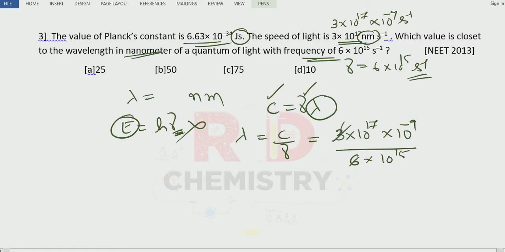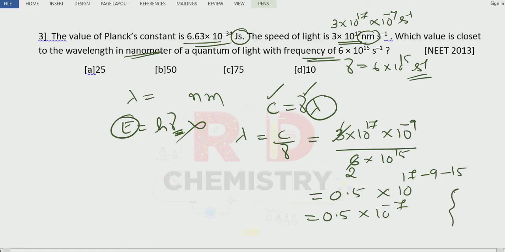3 ones are 3, 3 twos are 6, 1 by 2 is 0.5. So 0.5 into 10 power 17 minus 9 minus 15, which will be equal to 0.5 into 10 power minus 7. But I should get it in the form of nanometer, so it can be written as 5 into 10 power minus 8, or I can also write 50 into 10 power minus 9.